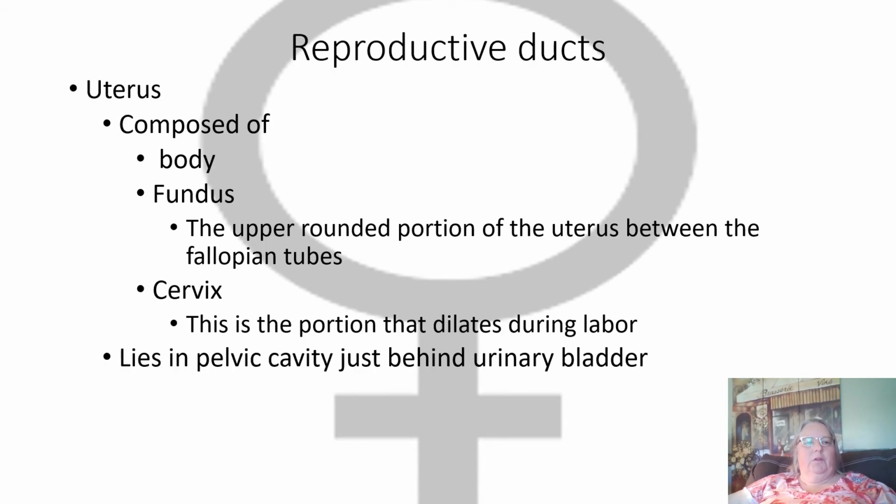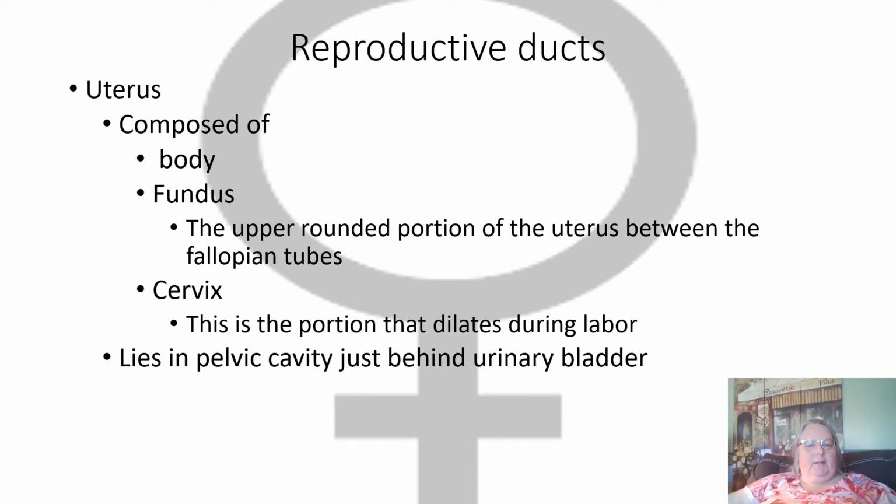The uterus is part of the reproductive ducts, and the uterus is composed of three parts: the body, the fundus, and the cervix. It lies in the pelvic cavity just behind the urinary bladder. The body is the central part of the uterus.